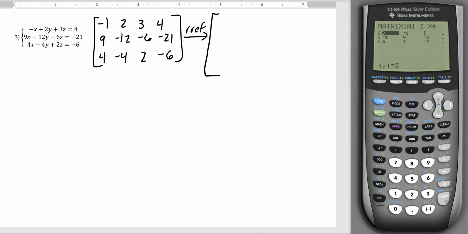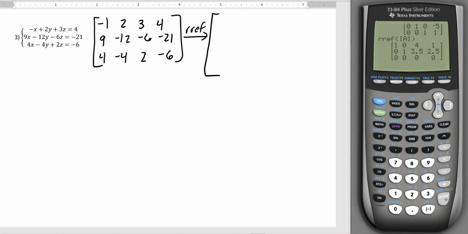Again, matrix 3 by 4, negative 1, 2, 3, 4. 9, negative 12, negative 6, negative 21, 4, negative 4, 2, negative 6. Second quit. And let's RREF.